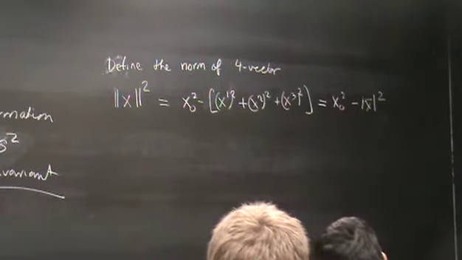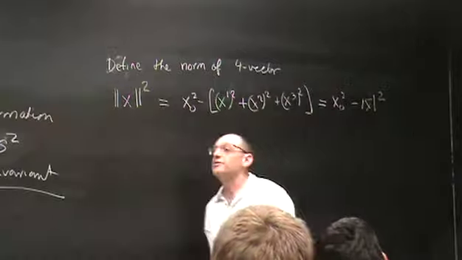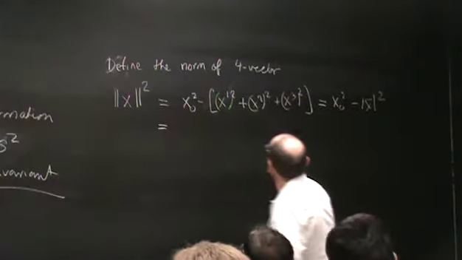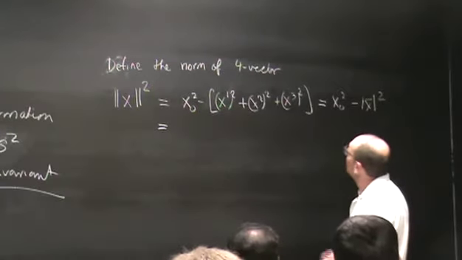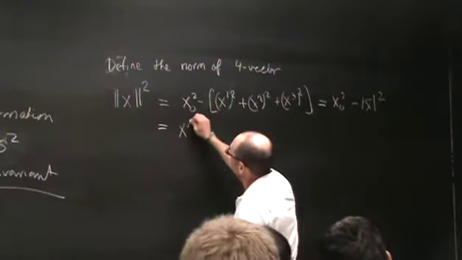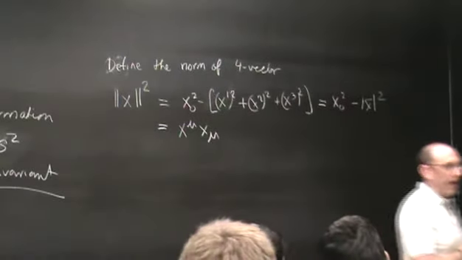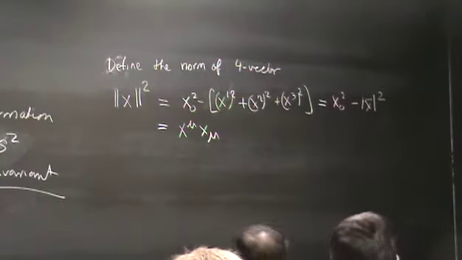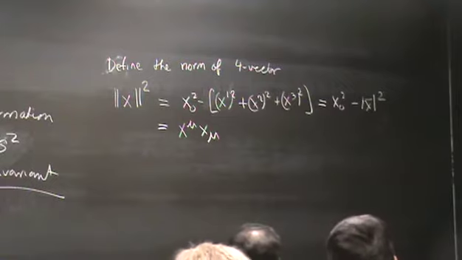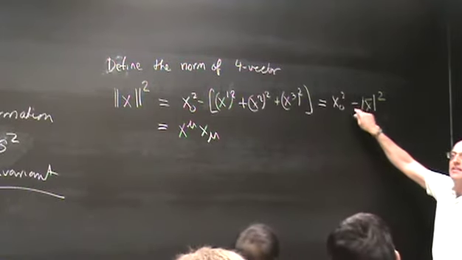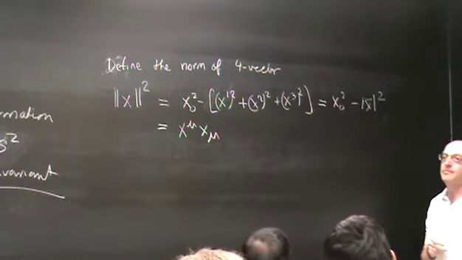Because that norm is invariant under a Lorentz transformation. And we define this with that summation convention, with one of the coordinates up and one of the coordinates down, such that I put a minus sign on the spatial coordinates.